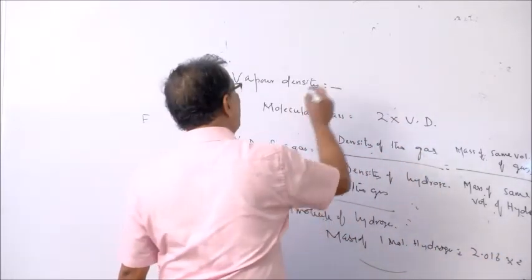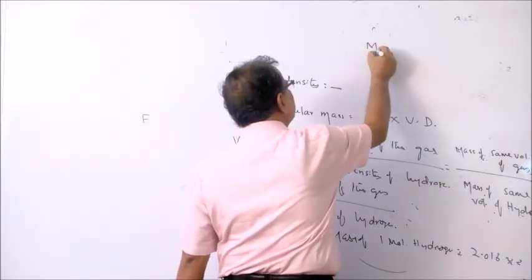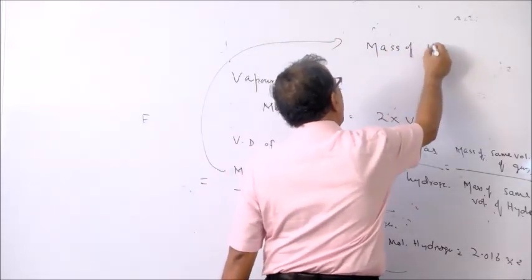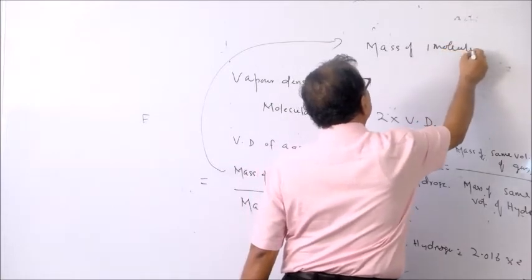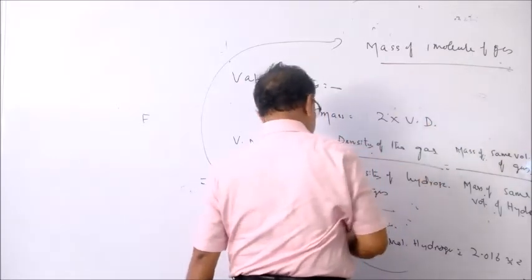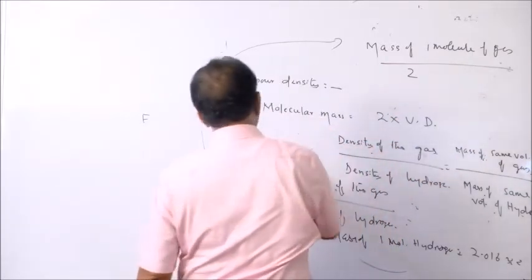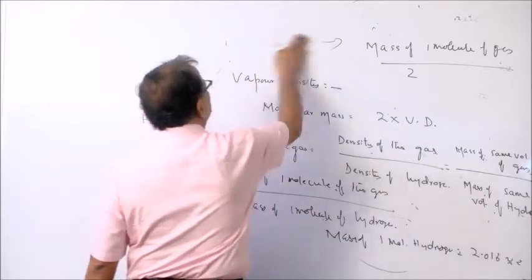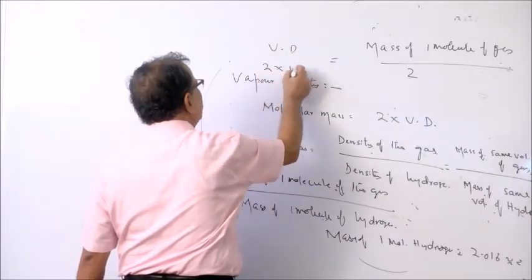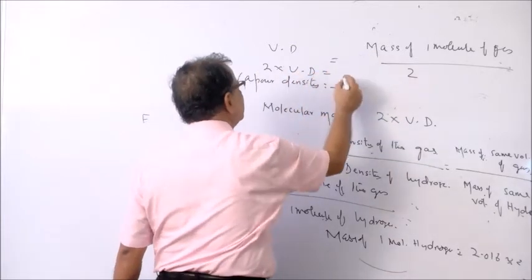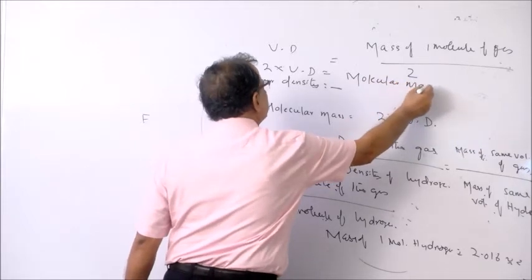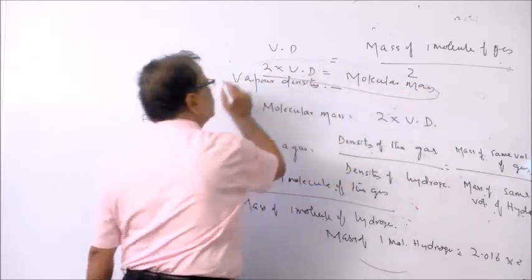So the mass of 1 molecule of the gas divided by 2 is equal to the vapor density. Hence, 2 into vapor density is the mass of 1 molecule, that is, the molecular mass. The molecular mass is equal to 2 into vapor density.